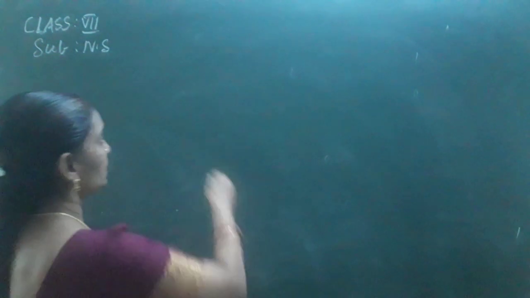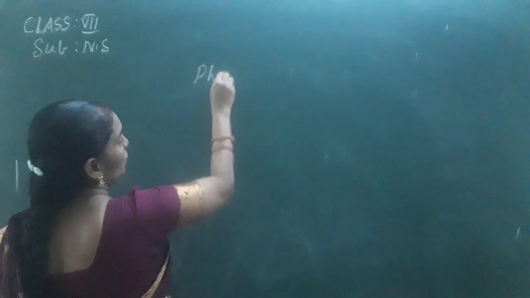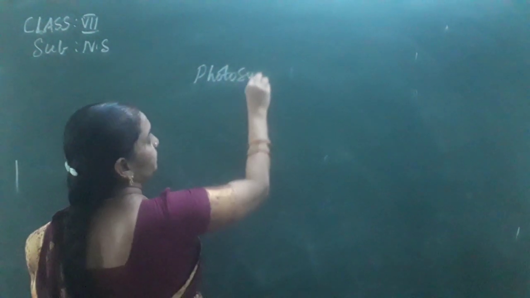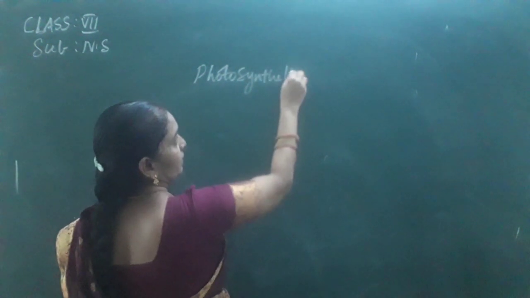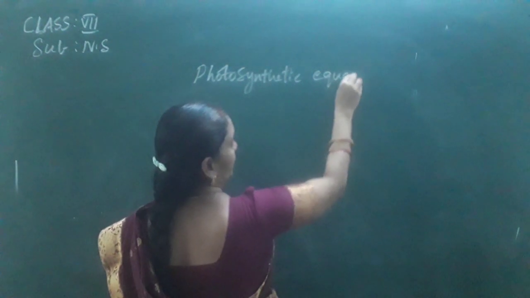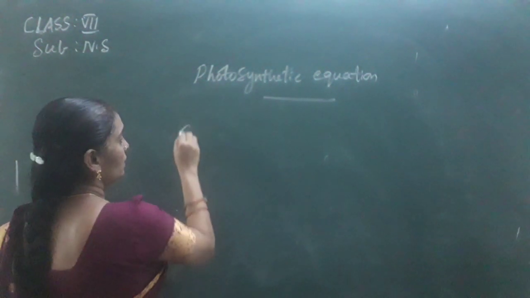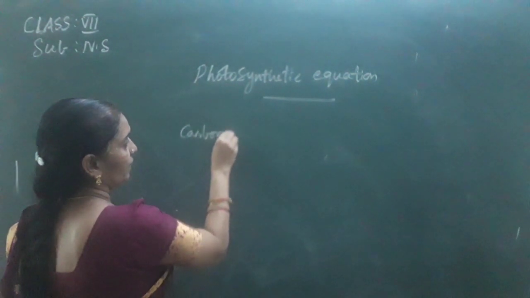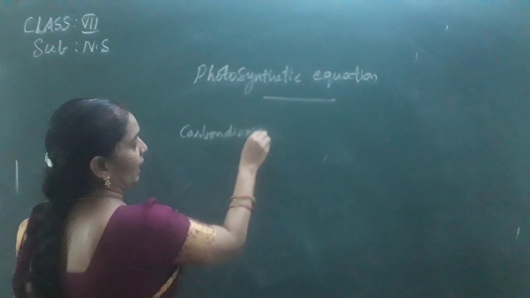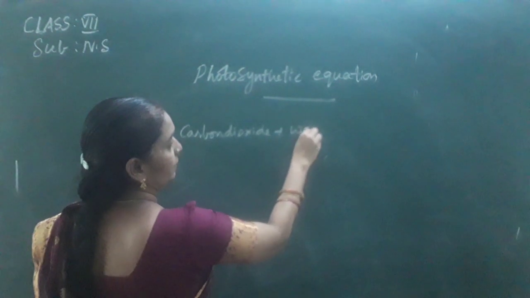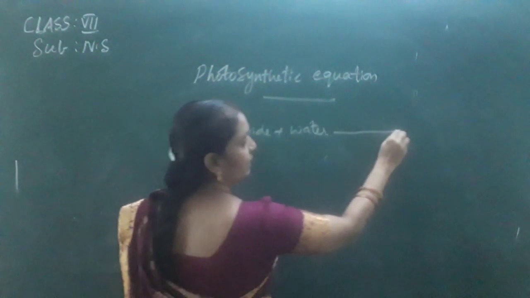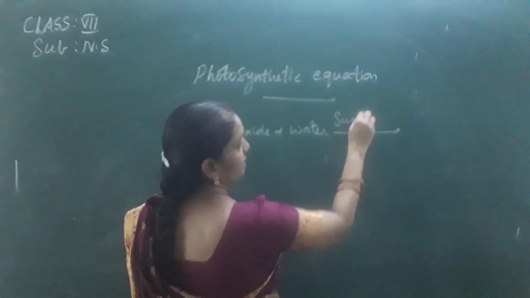What is the photosynthetic equation? Once again we recall the photosynthetic equation. It is: plants take in carbon dioxide and water in the presence of sunlight.